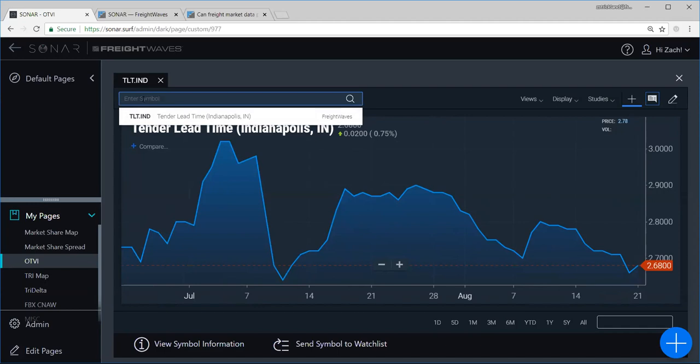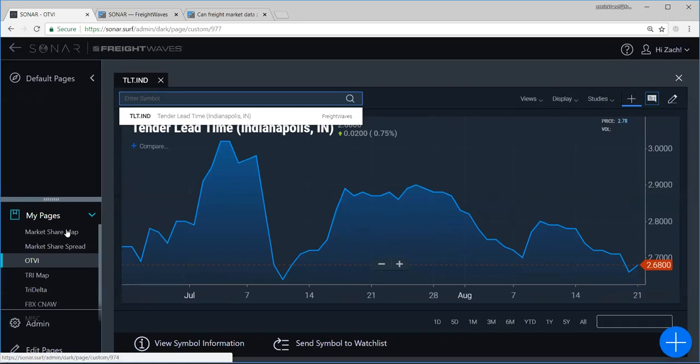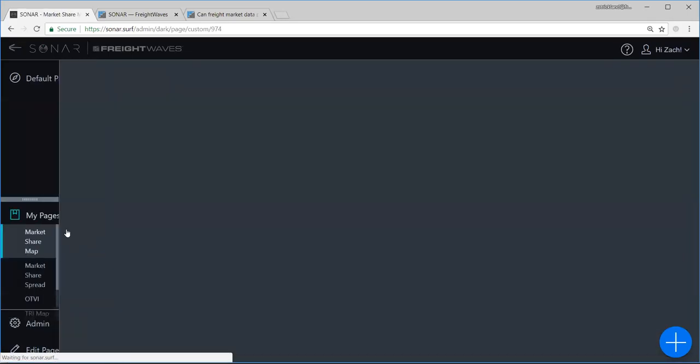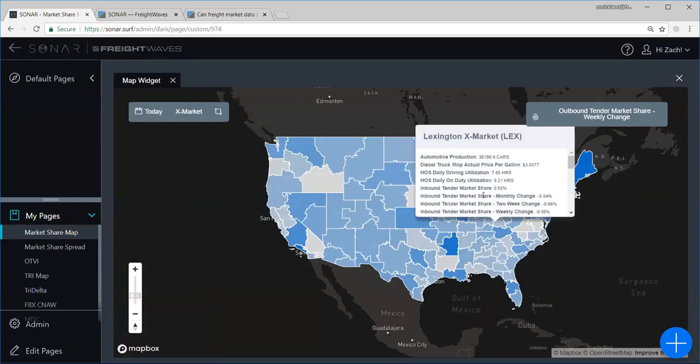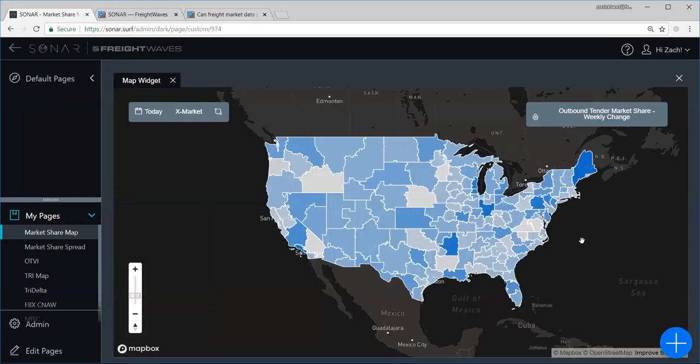Then potentially regional capacity from outside of, let's just say, our X market come into that region to soak up that volume. And then, once all of that capacity has been used, let's say at the rate or through the routing guides that they're on, then we start to see the outbound tender reject index start to increase and climb as we showed here.